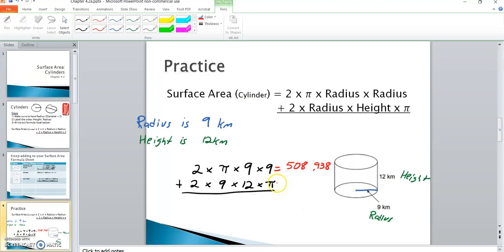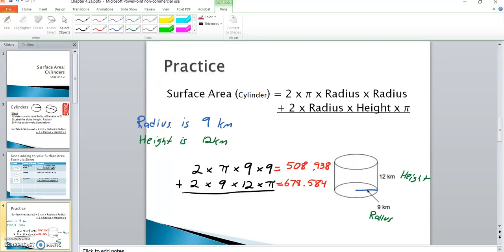And then for your next one, you'll do 2 times 9 times 12 times pi, which is 678.584.